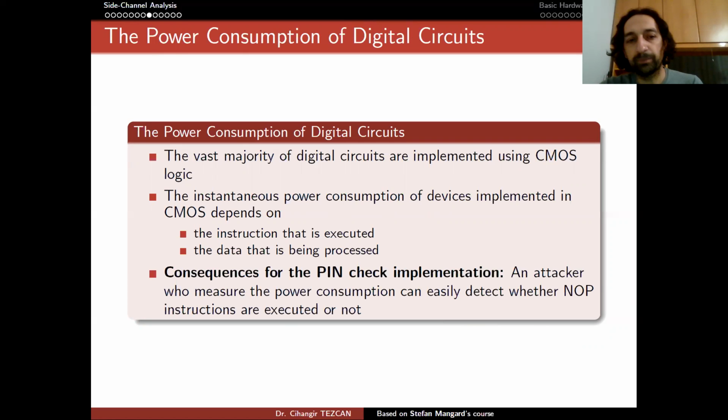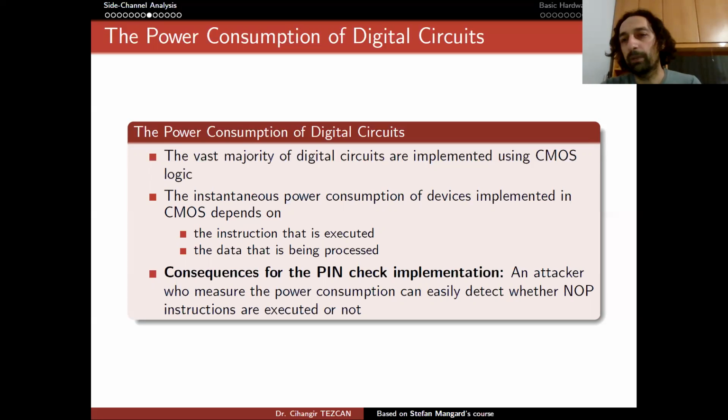So if you put a no operation instruction, it won't consume much power, but when it performs a real instruction, it will consume power. The consequence for the PIN check implementation is that an attacker who measures the power consumption can easily detect whether no operation instructions are executed or not.